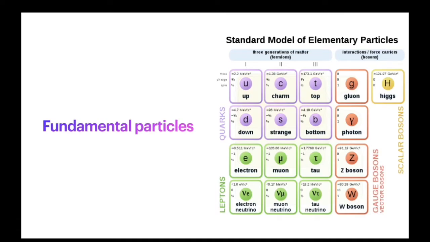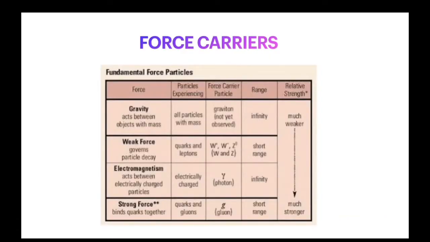Okay, let me talk about force carriers. There are four fundamental forces at work in the universe: the strong force, the weak force, the electromagnetic force, and the gravitational force. They work over different ranges and have different strengths. Gravity is the weakest, but it has an infinite range. The electromagnetic force also has infinite range, but it is many times stronger than gravity.